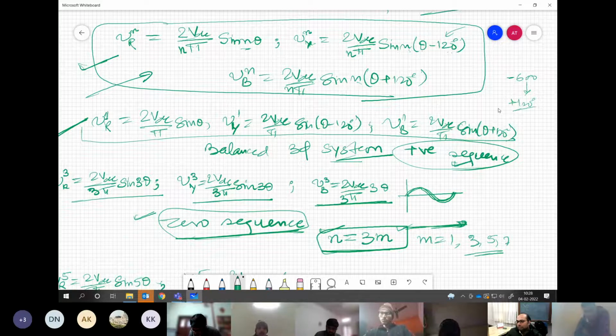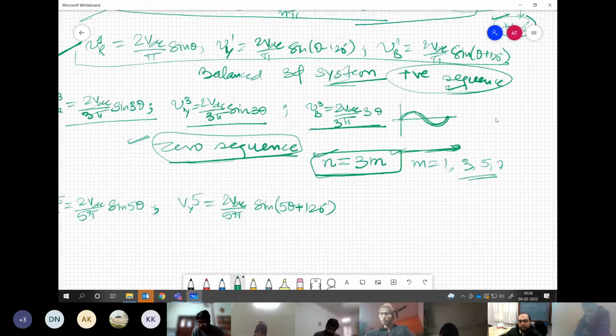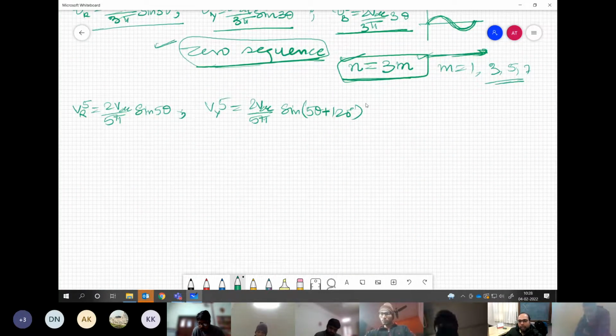If you add 720 and subtract 720 to balance it, with respect to 720 it will form a plus 120 degree phase for Y. So basically Y is coming as plus 120. And B, you work it out yourself when you complete the class.